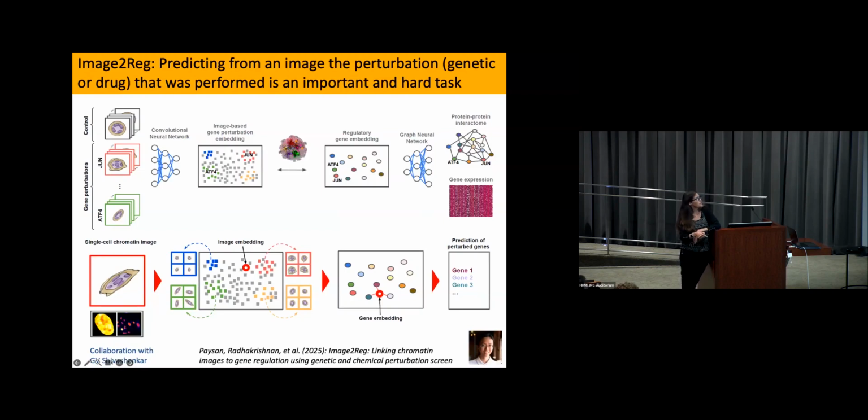Now, if you can get a good representation of genes, and you have some images of how some genes look when they're perturbed, and now I give you a new image, like what we show here, well, if you can map this image into where it lies in this gene space, then you just need to figure out which gene is close by in this embedding, and that would be my prediction of which gene was actually perturbed.